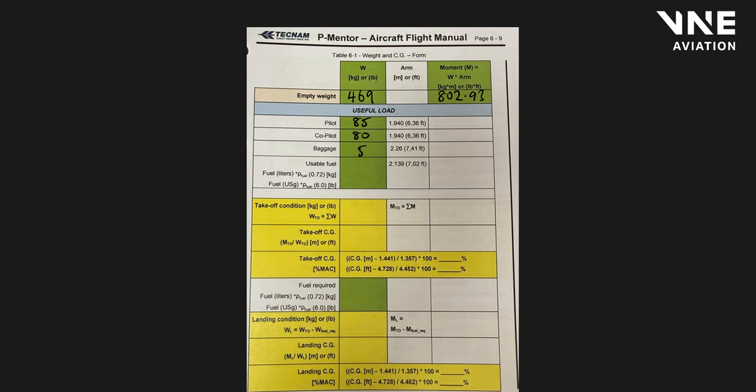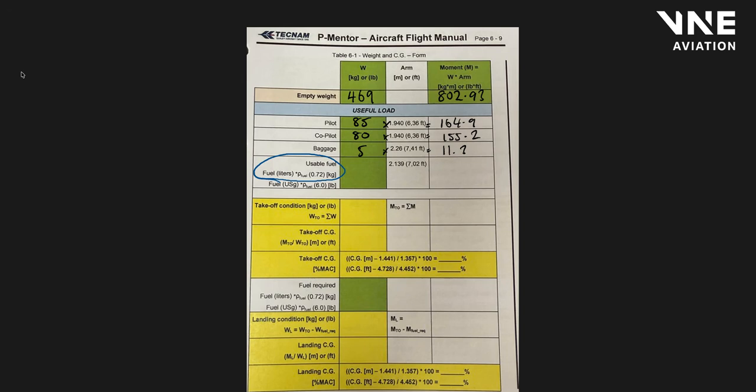And then the column to the right is our arm. To calculate the moment, which is what we're going to do next, we need to multiply the weight by the arm. So I've gone through and done those for each of those. You can see 85 times 1.94 gives us 164.9. And I've worked my way through each of those, allowing us to complete that third column.